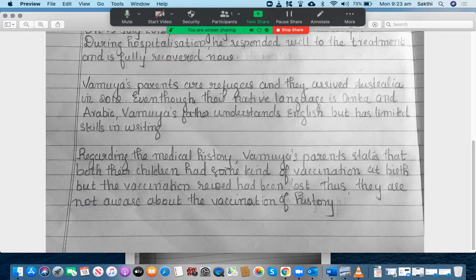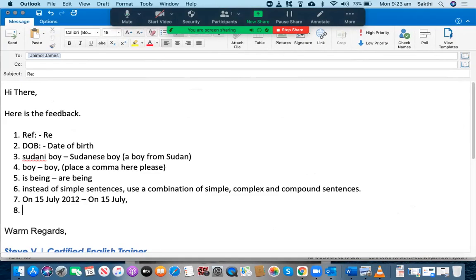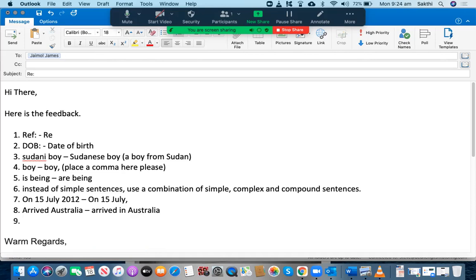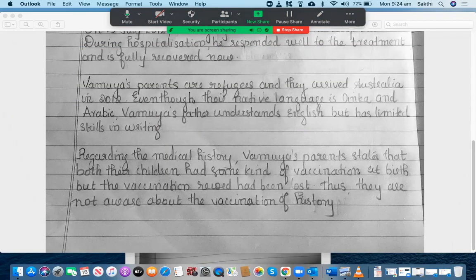Vamuya's parents are refugees and they arrived Australia. In this case, this is wrong. She must have used arrived in Australia. That's the correct one. She didn't use a preposition in between. That's one of the major mistakes as well. All right, let's go to the next one.